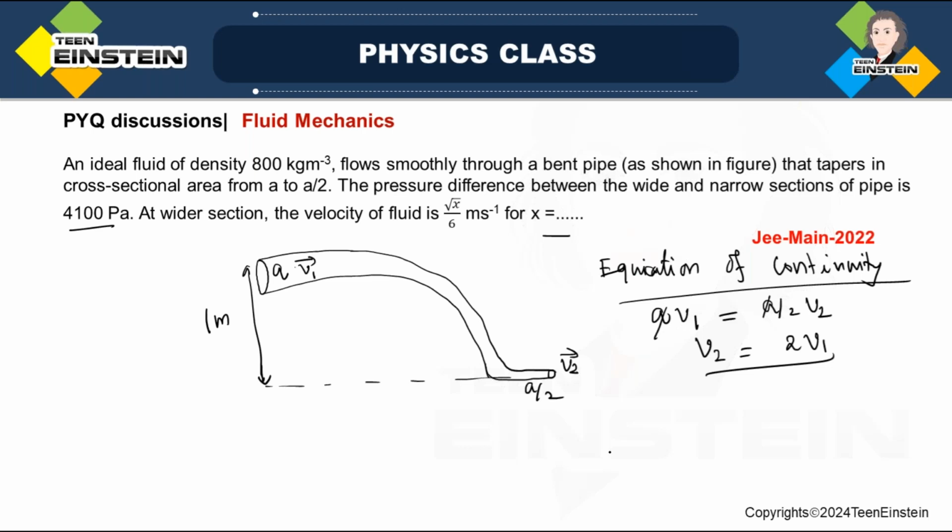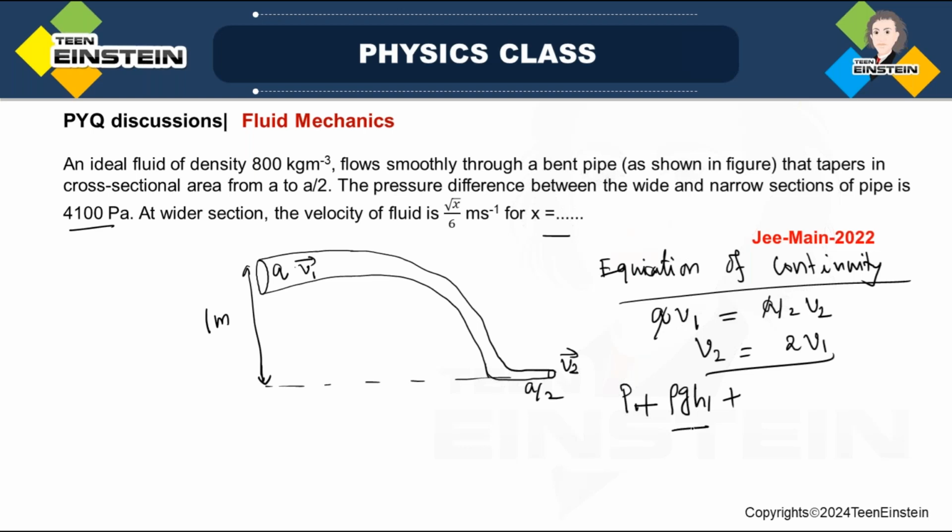Now I can use Bernoulli's equation. Okay, Bernoulli's equation for a dynamic flow. So what is that? The pressure energy plus gravitational energy plus the kinetic energy head.